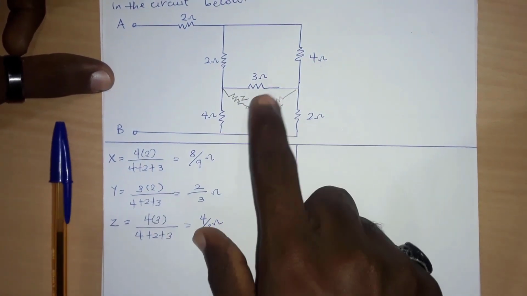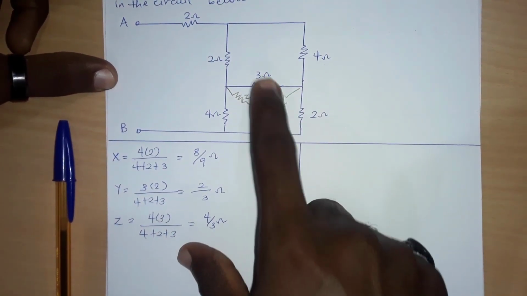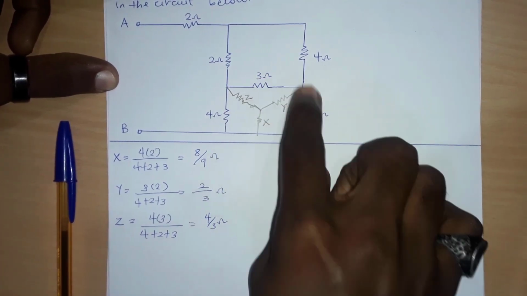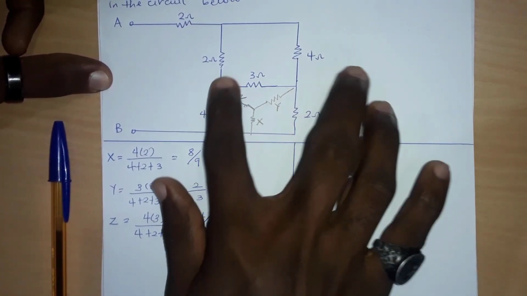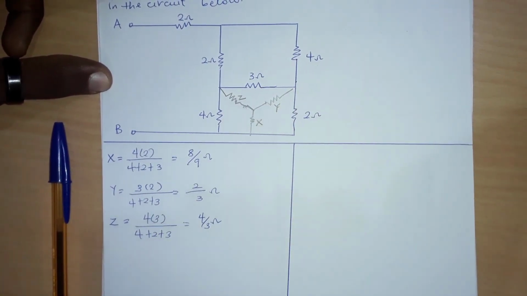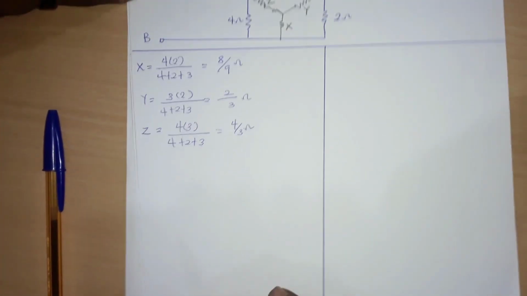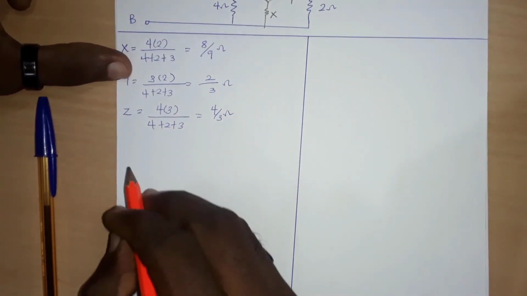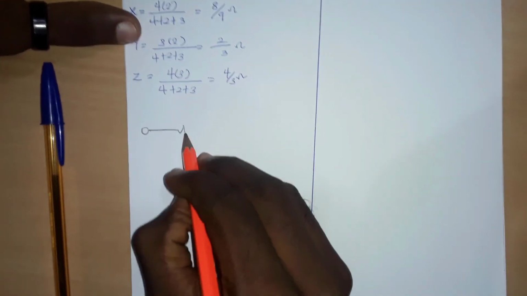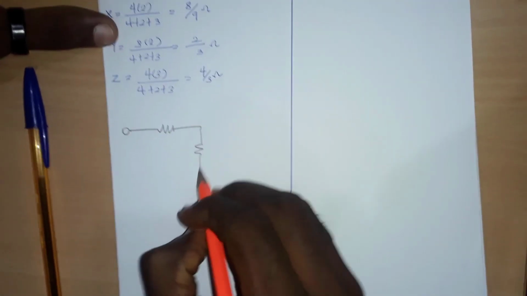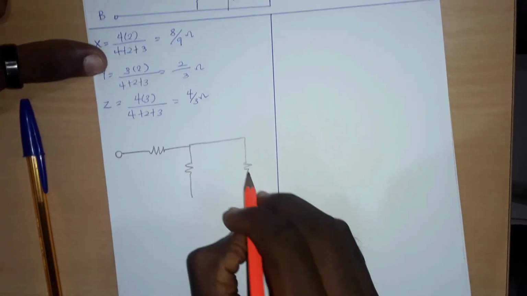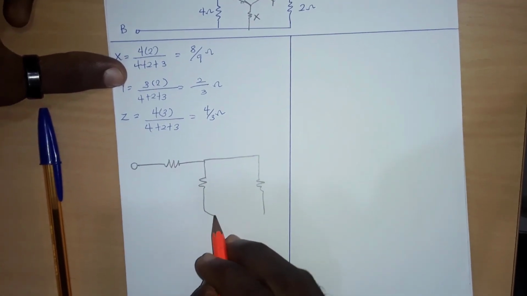So now that we have replaced this delta with a star, we will have to take this star and this delta out. So this is how it will look after we transform it. It will look like this. And this is the star.